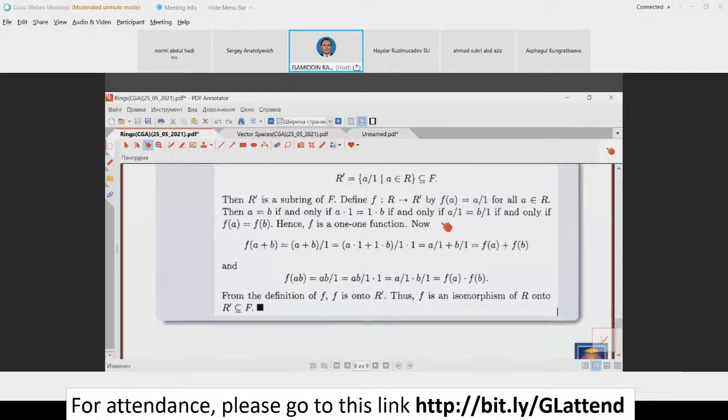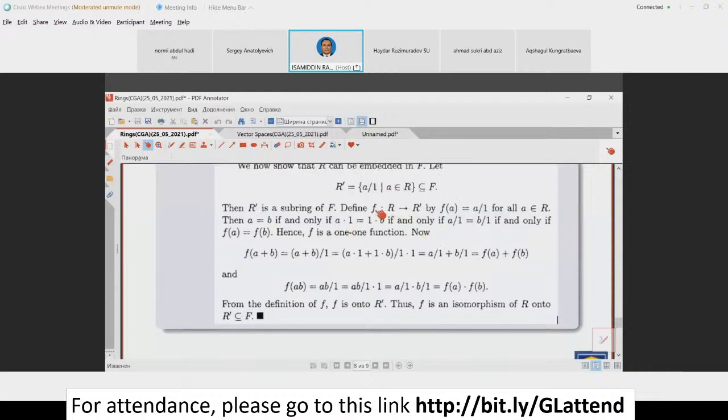Then moreover, this is not only one-to-one. This is a homomorphism. Adding A and B, you will get, according to this, A plus B over 1. This is A times 1, this is 1 times B, and this is 1 times 1.